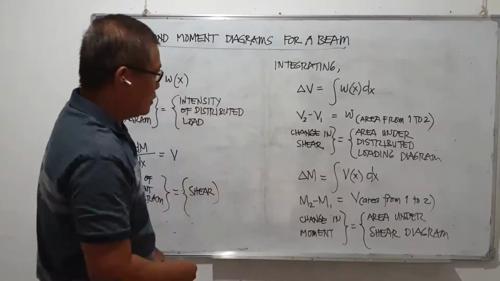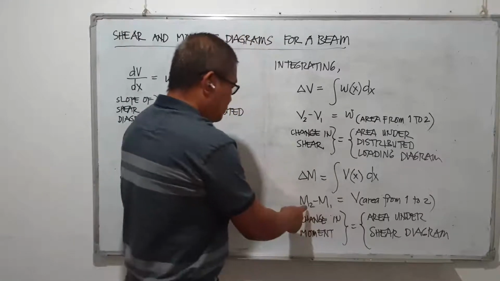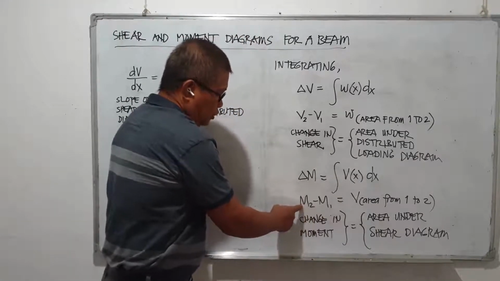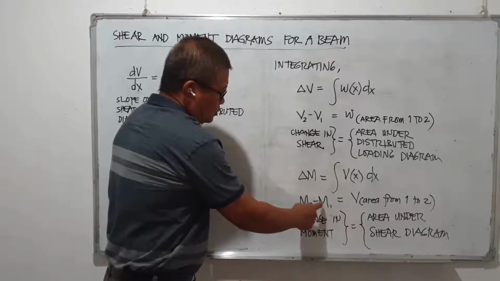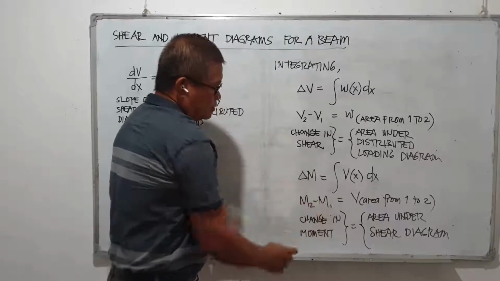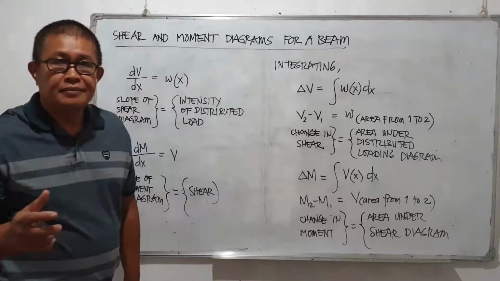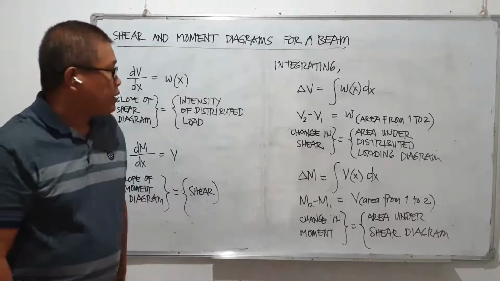So again, for moment, the moment at point 2 is just equal to the moment at point 1 plus the area in the shear diagram between points 1 and 2.